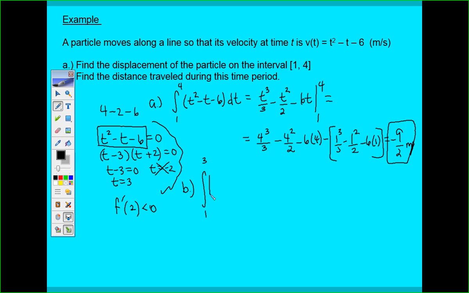So we would have the absolute value of the integral of t squared minus t minus 6 dt, and then plus from 3 to 4, we would have t squared minus t minus 6.